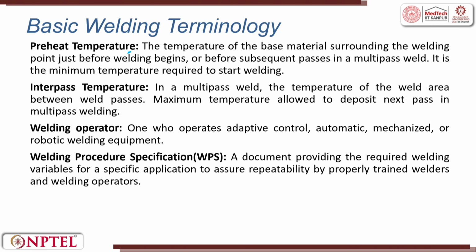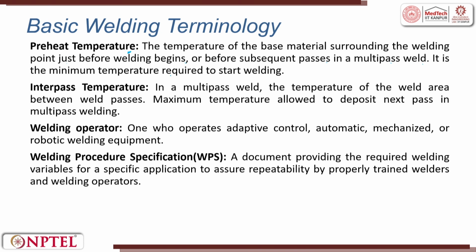Generally, we first use an oxyacetylene flame and heat it in one go, which is generally done in pressure vessels. Preheating temperature is the temperature of the base metal surrounding the welding point before weld begins, or before a subsequent pass in multi-pass welding, where we can also increase the temperature.